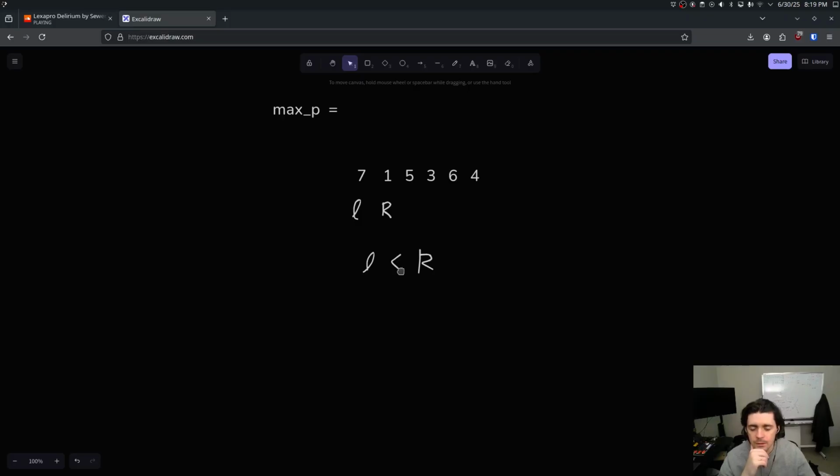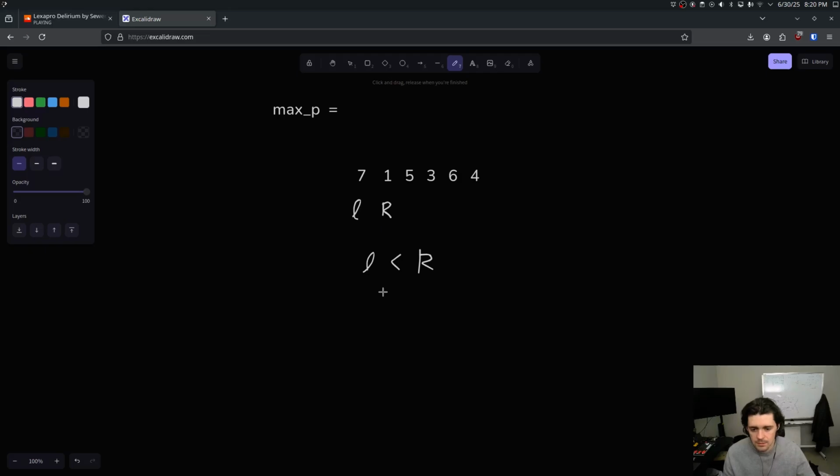And if the element at index L is less than the element at index R, we compute the difference. So R minus L is equal to some number.